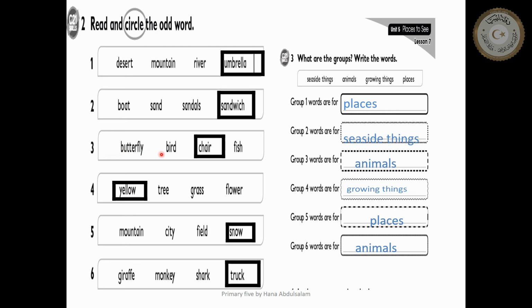Butterfly, bird, fish, words are for animals. Tree, grass, flowers, words are for growing things. The words mountain, city, field are for places. And the words giraffe, monkey, shark are for animals.